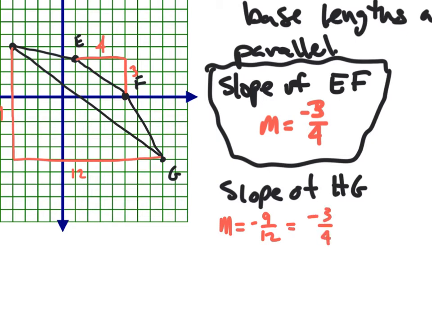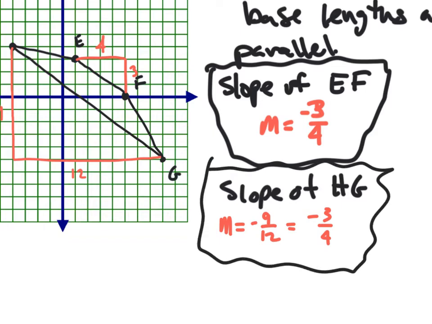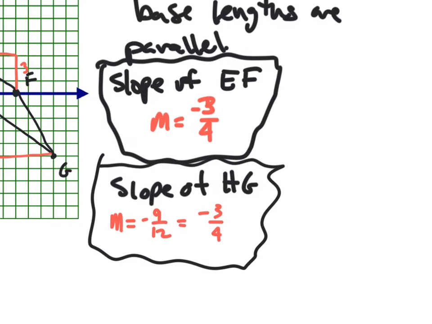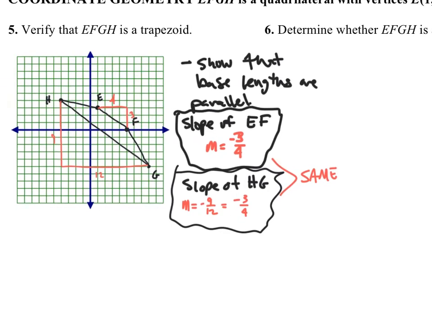So these slopes are the same. Because you have one pair of segments that are parallel, then you have a trapezoid.